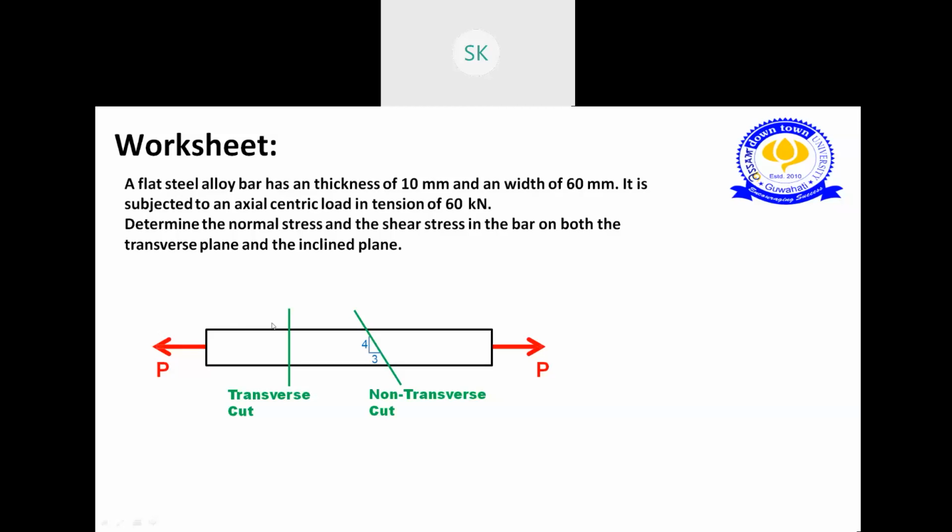If anyone finds the answers for transverse cut, please respond. Are you able to do it?